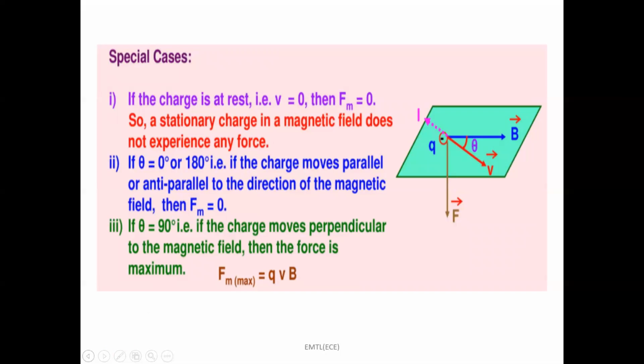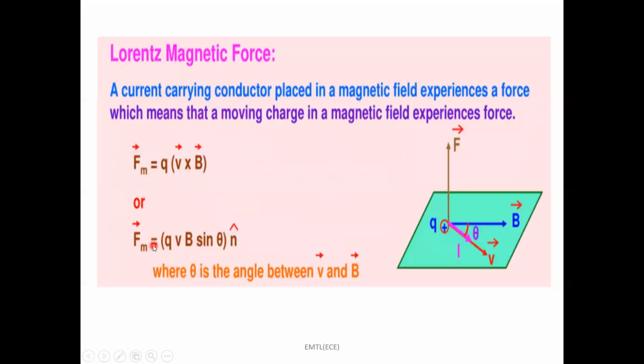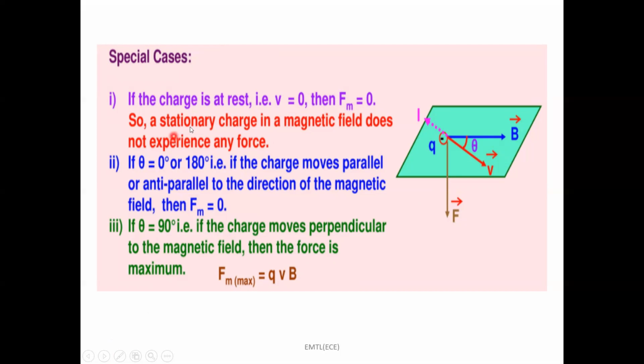By substituting velocity equal to 0 in this expression, the magnetic force becomes 0. That means a stationary charge placed in a magnetic field does not experience any force.